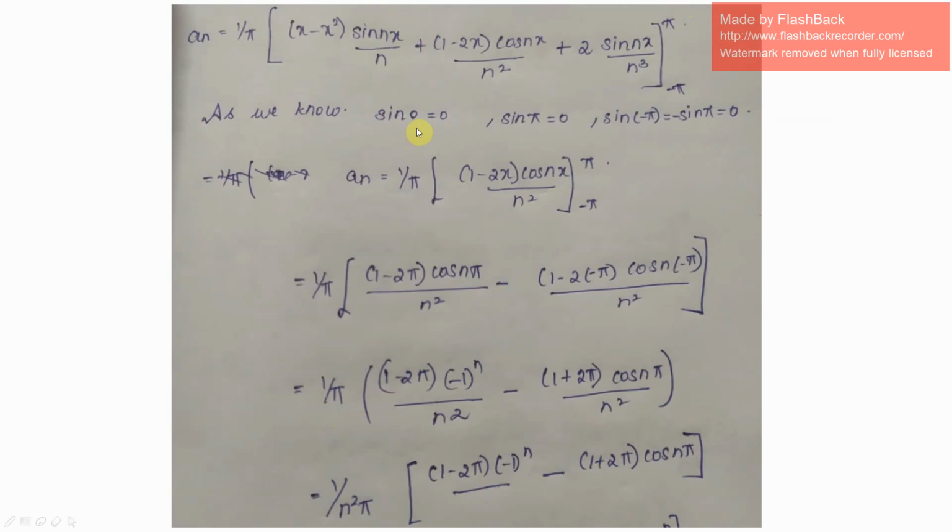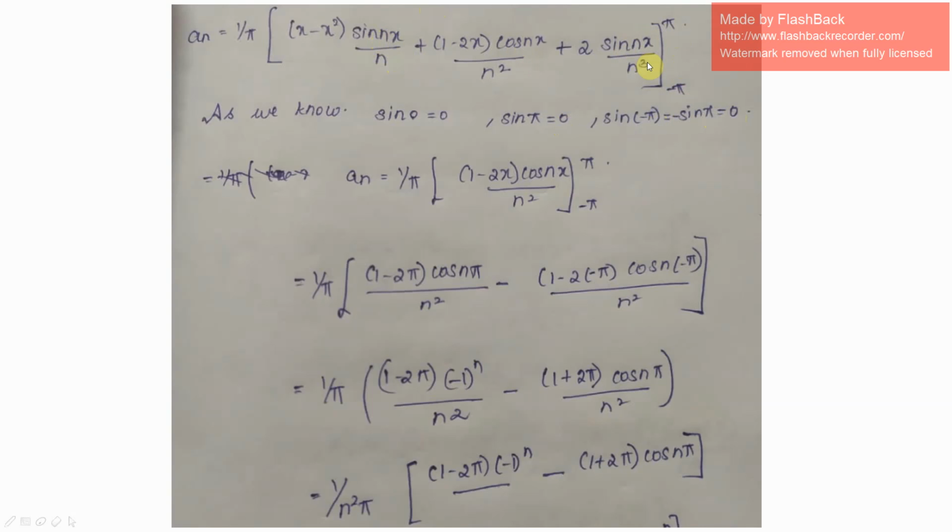So we already know that sin 0 is 0, sin pi is 0, sin minus pi is minus of sin pi, which is equal to 0. And also we know that sin n pi and sin n minus pi is also 0. So when I apply the limits pi and minus pi to these two terms, that is where I have sin, these two terms will become automatically 0.